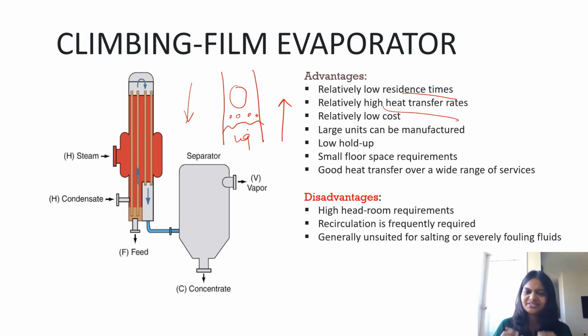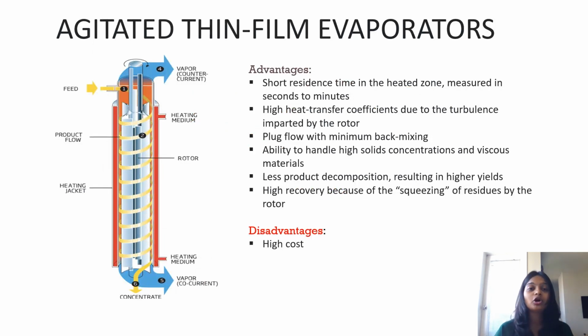The disadvantages: it still requires a very high headroom, recirculation can be used, and the climbing film is also not suitable for salting and fouling industries. It can be used for handling clear or foamy liquids, and whenever there are large evaporation loads, we can use climbing film evaporators.